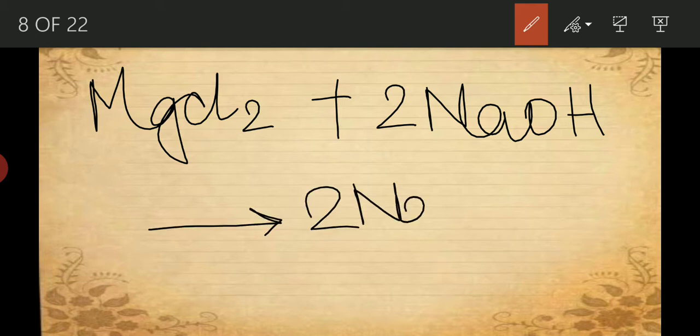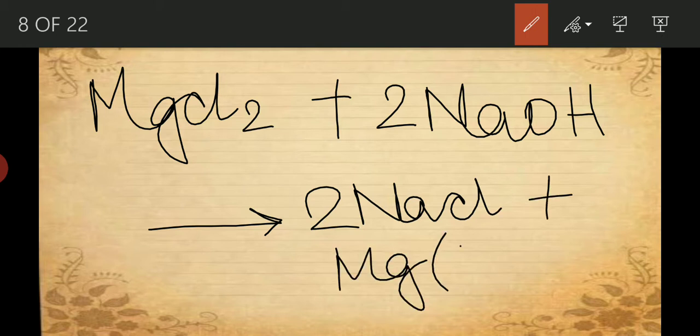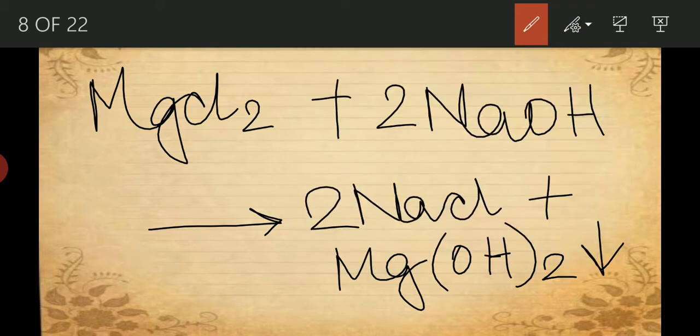Now when magnesium chloride reacts with sodium hydroxide, then what happens? It forms sodium chloride and magnesium hydroxide. Now magnesium hydroxide is a precipitate. We will see a formation of precipitate. Magnesium, I have already told you, is a normal element. It's not a transition element.